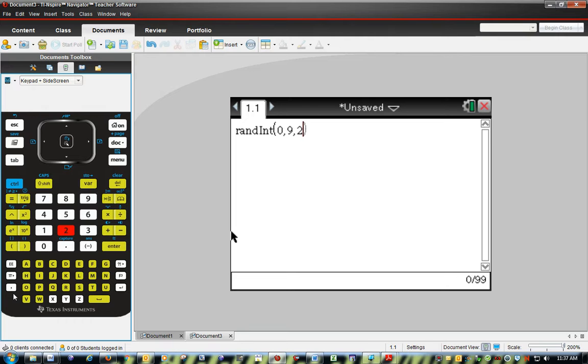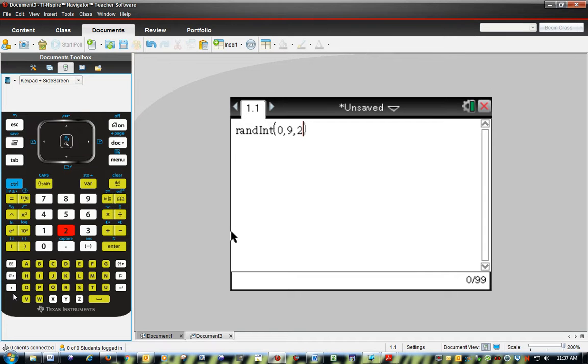So this will give me the lowest integer, that's the highest integer, and this is the number of integers we get. We want to type in randint 0, 9, 2.